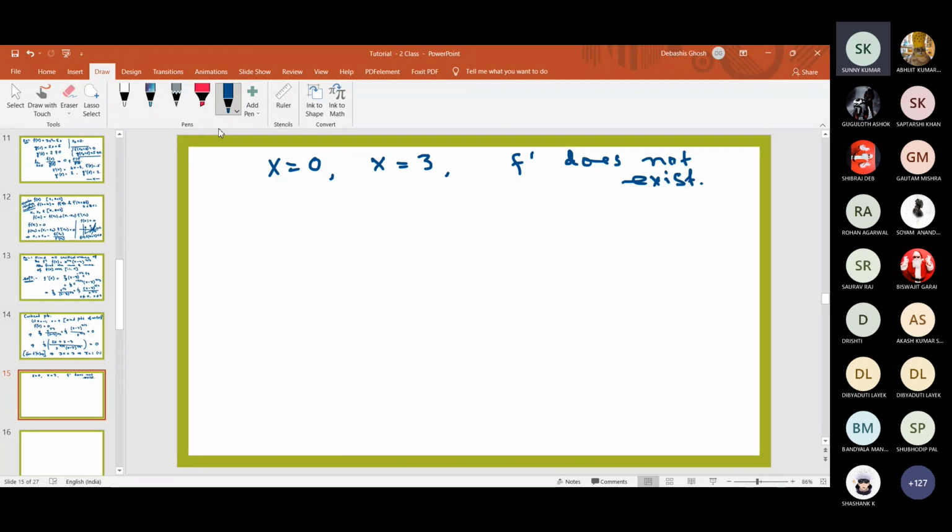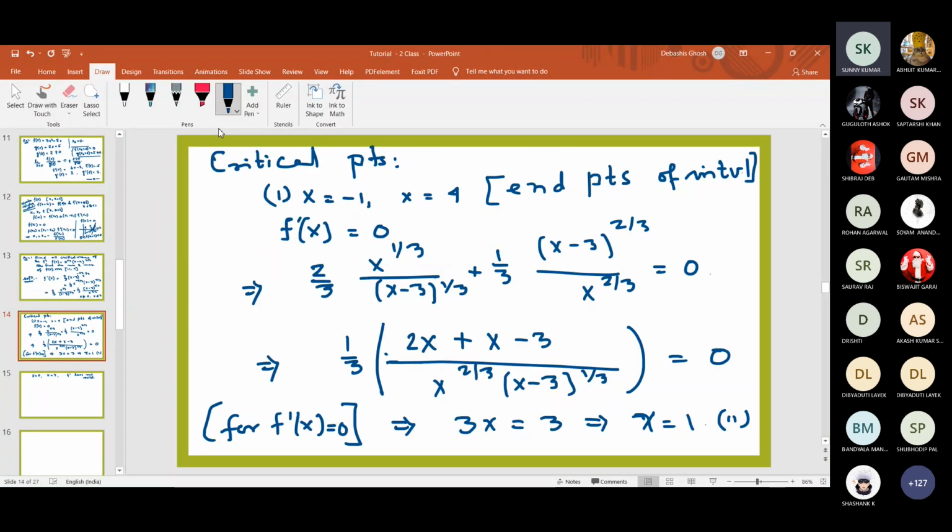Now to find out the local maximum and minimum, as you know, we need to compute f double dash, and then you have to check which one is less than 0, and then you can compute.